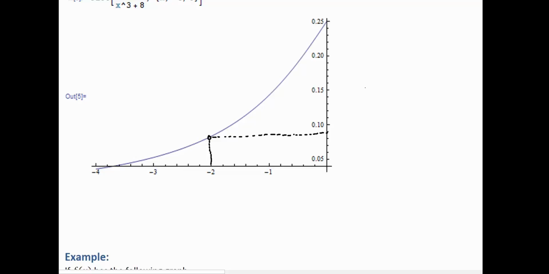So that is because f of negative 2 does not exist, but the limit as x goes to negative 2 is approximately equal to 0.0833 periodic.